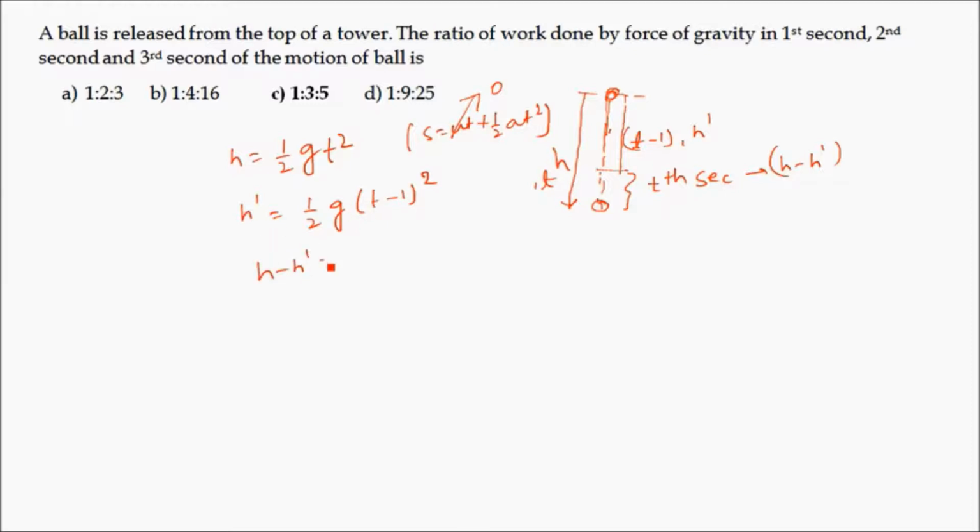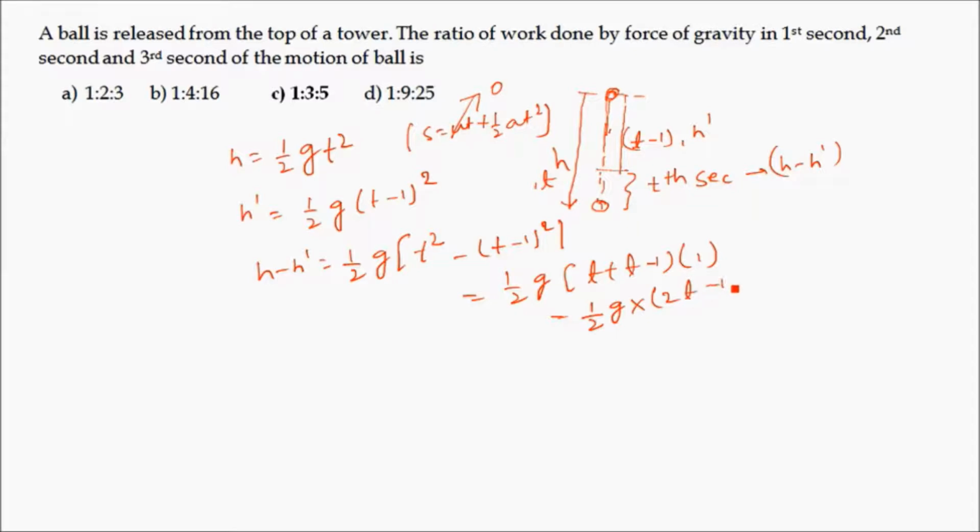So h minus h dash is equal to 1 by 2 g (t square minus (t minus 1) square), and from there we get 1 by 2 g (t plus t minus 1) into 1. So we get 1 by 2 g into (2t minus 1). If you take 2 common, then you get g into (t minus 1 by 2).